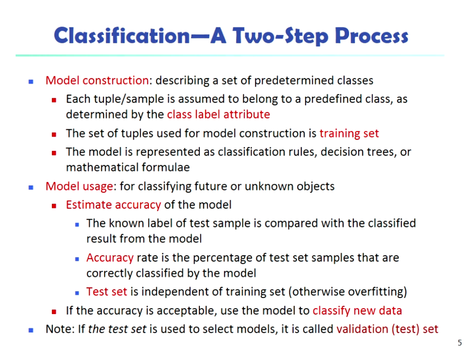In the model construction we will use the training set to create the model, and in the model usage we will estimate the accuracy of the model. After that, if the accuracy is acceptable, we will use this model to classify new data.